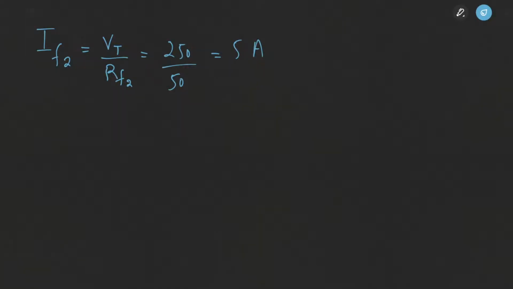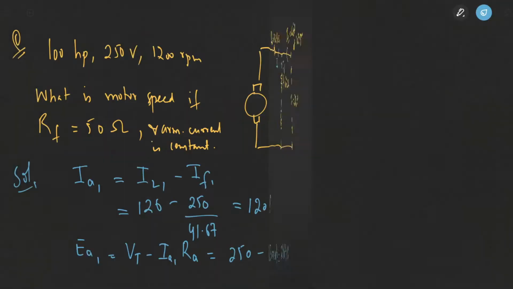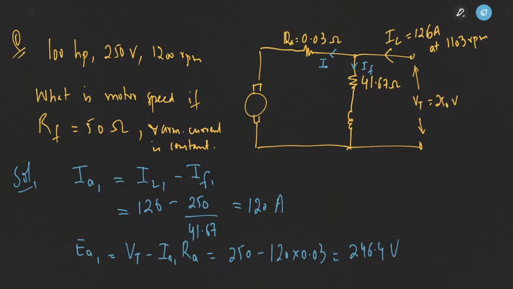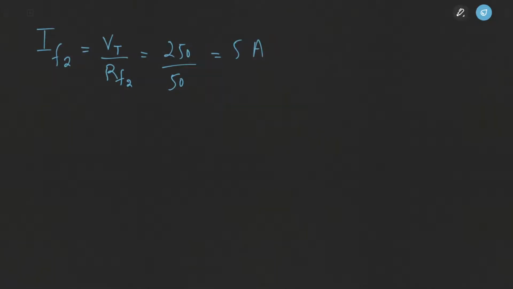We have to derive the speed at this field current. Initially the field current was IF1, 250 divided by 41.67, so that IF was more. Now IF has become 250 divided by 50, so IF has decreased. Flux decreases. We know that with decrease in flux, the speed will increase.